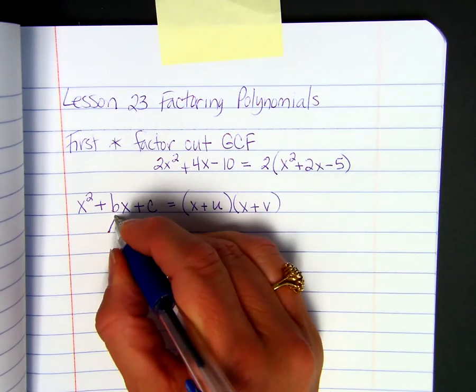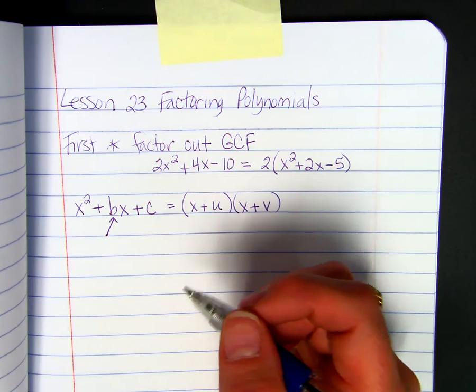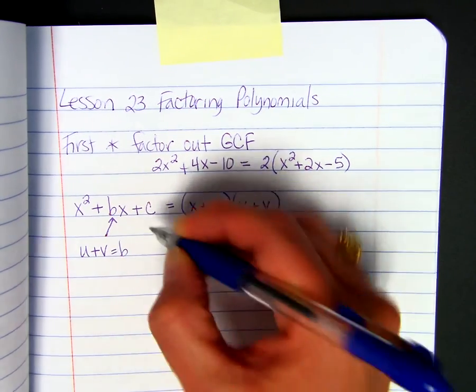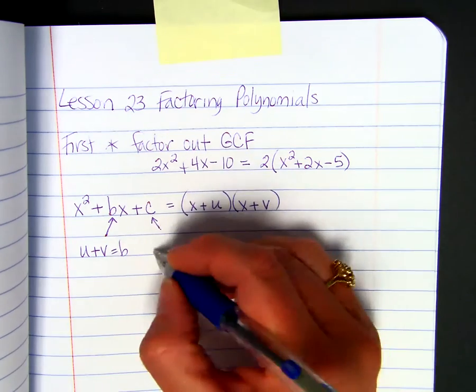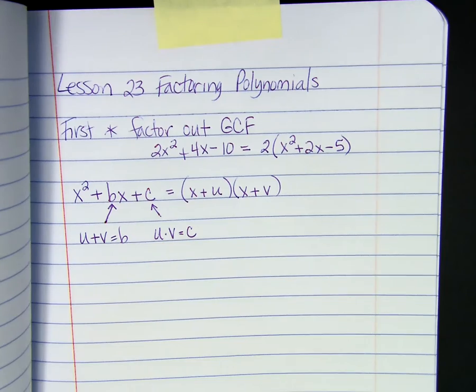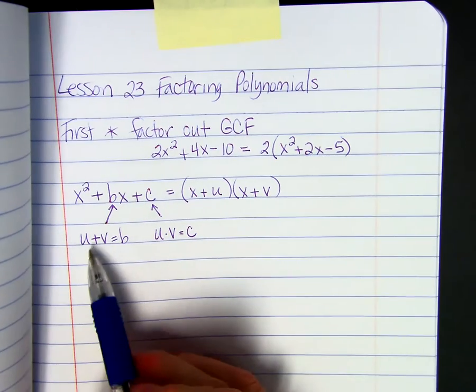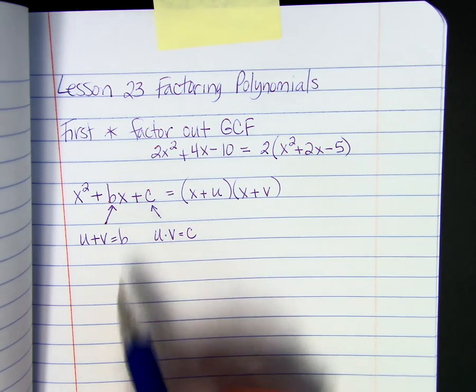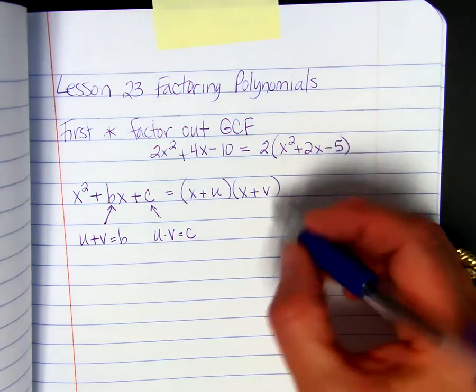Now this letter b is going to be u plus v, and c is going to be u times v. So you have to find two numbers that add to get your coefficient of x and multiply to get the c. You're just saying I thought it was just random.